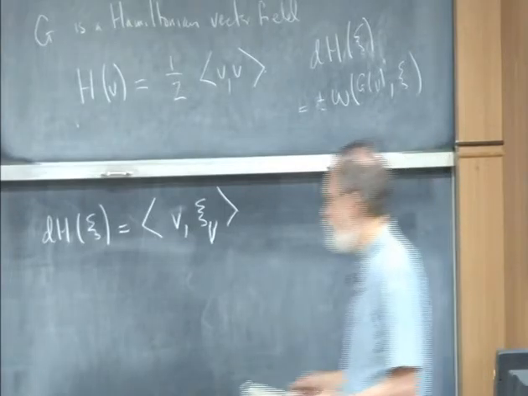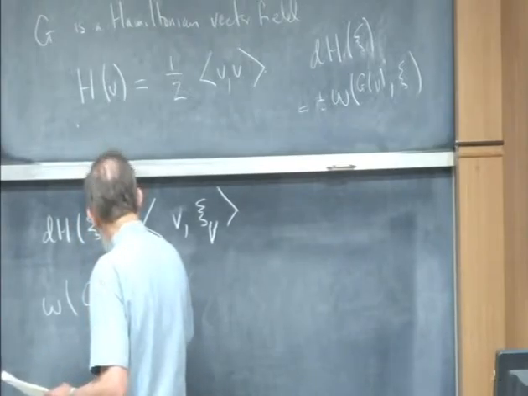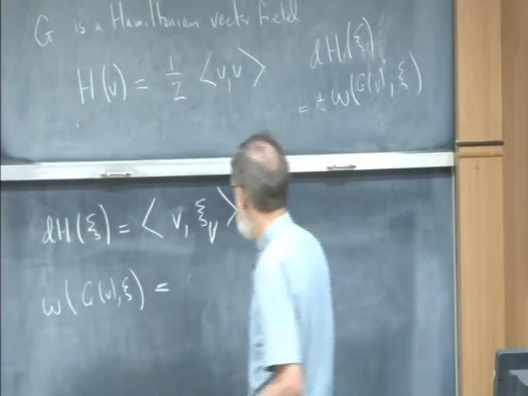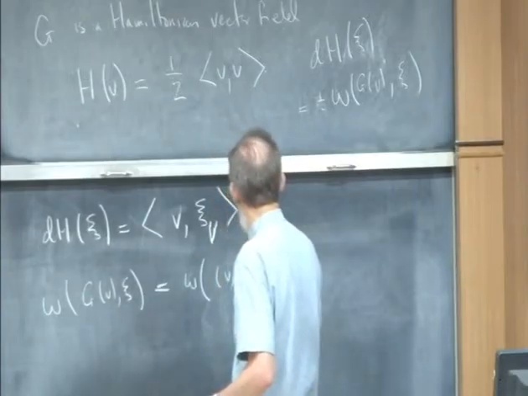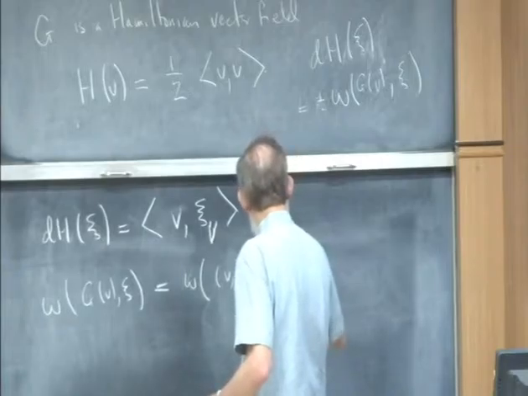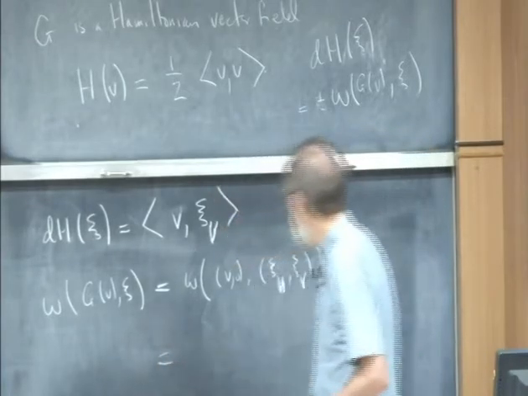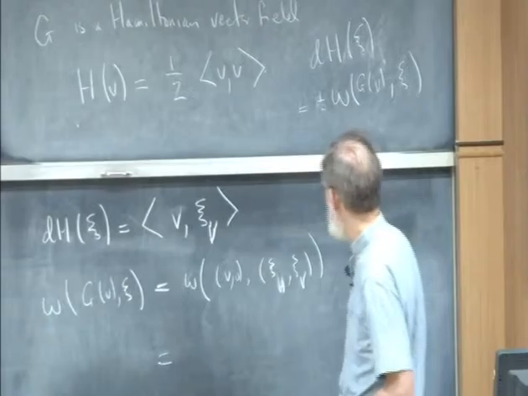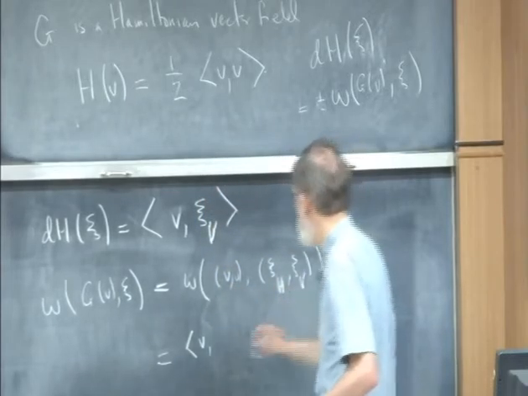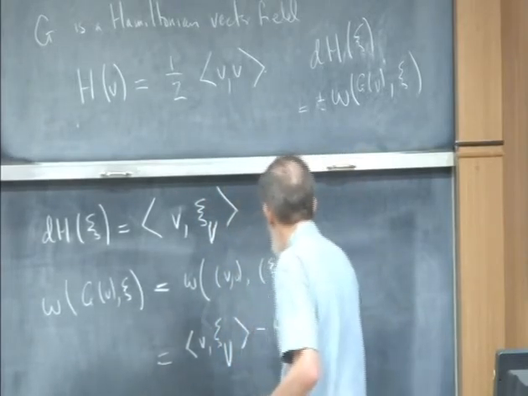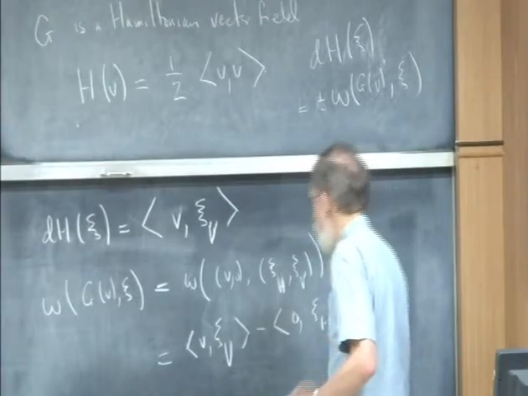And then if I take omega and plug G and V and xi into it, I'm doing omega of V comma 0, xi V, xi H, xi V. And now I think my definition of omega says that I do inner product of first component here with second component there minus second component here, first component there.